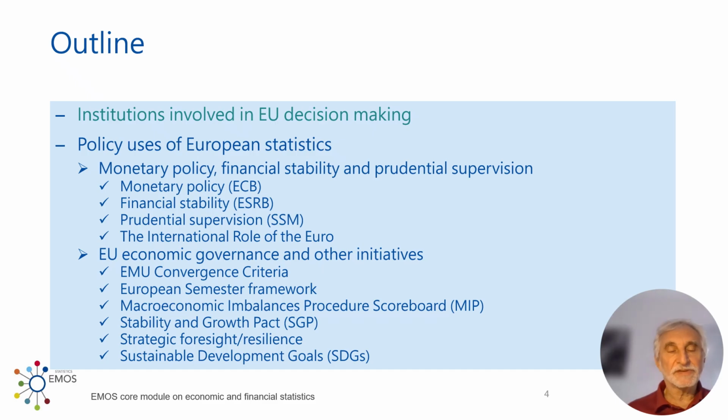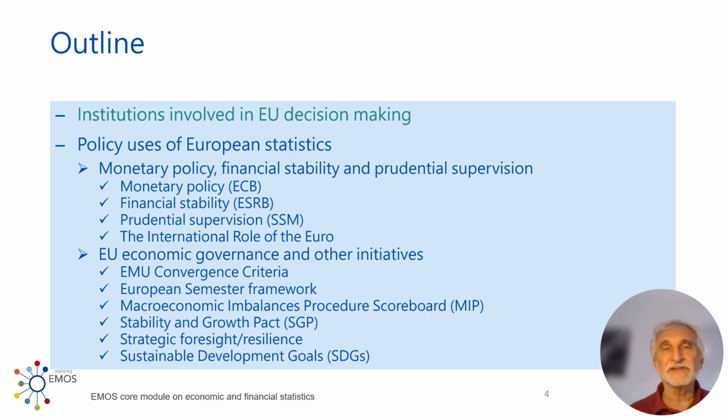The topics I want to cover in this lecture are, first of all, a short introduction about the institutions involved in EU decision making, both on the economic policy side and the monetary policy side, and then go into the policy uses of European statistics, first concentrating on monetary policy, financial stability, and prudential supervision.